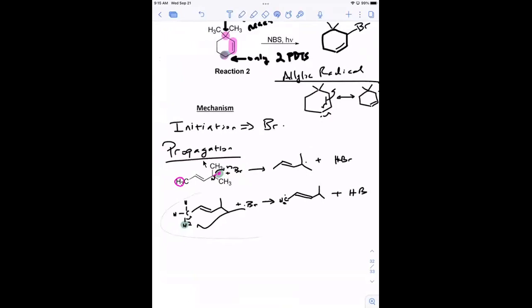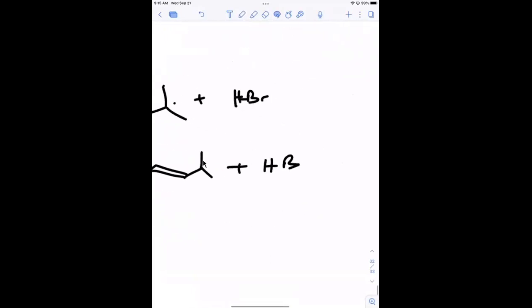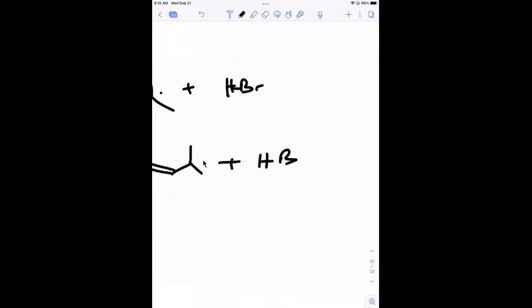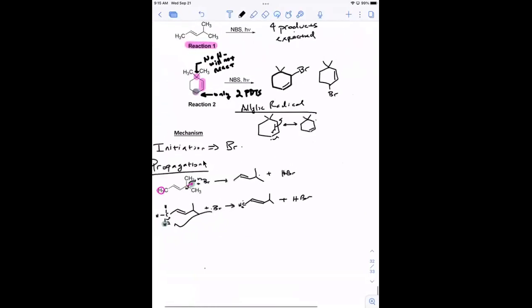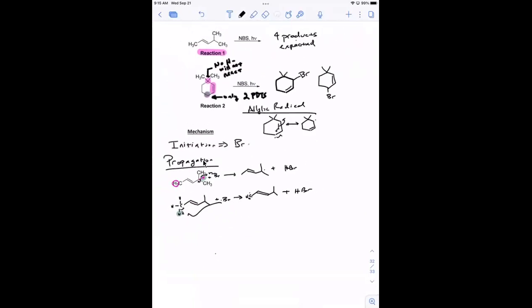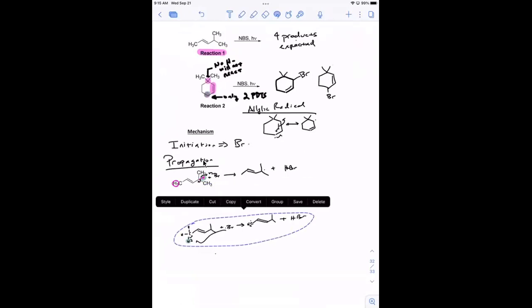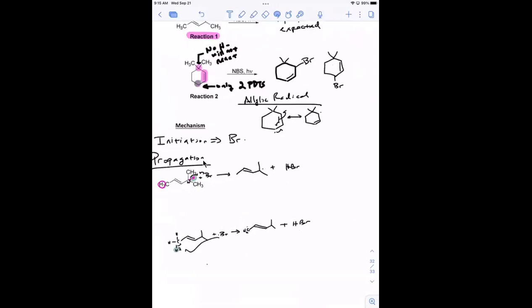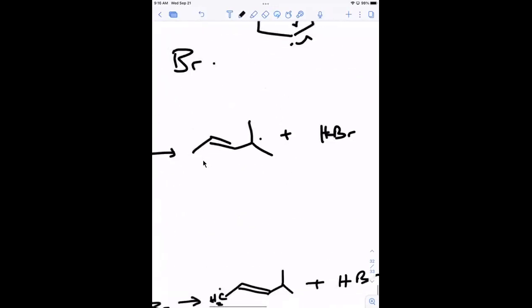Now, at this point, I left the R off. At this point, you should be able to draw the resonance form. What does the resonance form for this look like?